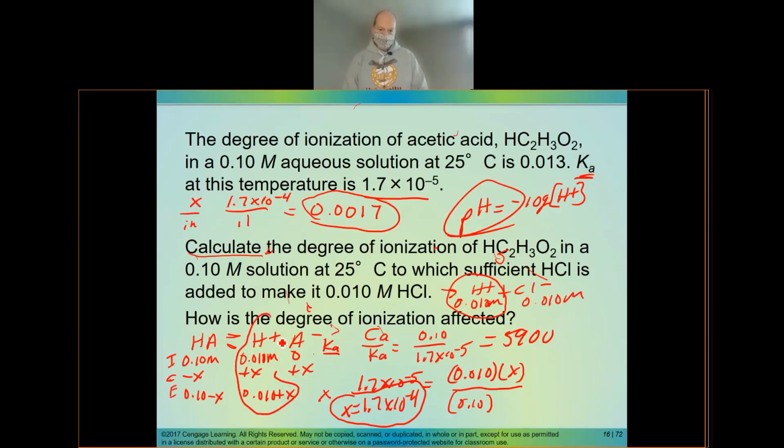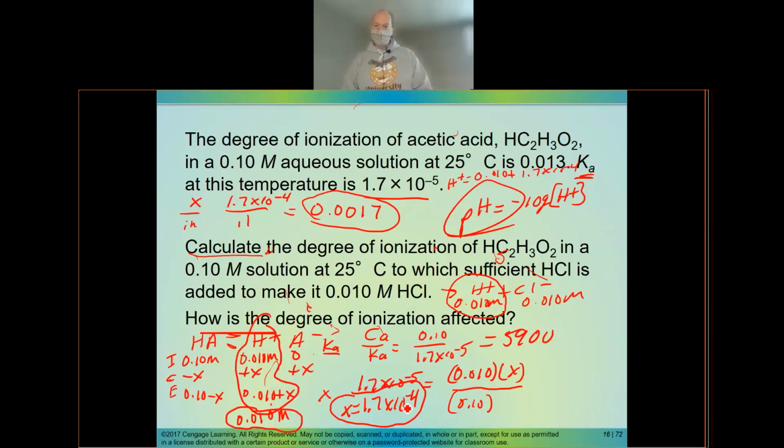And so the H plus concentration is not x. It is 0.010 plus x. So my H plus concentration is equal to 0.010 plus 1.7 times 10 to the minus 4. If you use sig figs and you have 2 decimals minus 4 decimals, you see that the concentration does not change at all. When you add that extremely small amount, you get the exact same number.